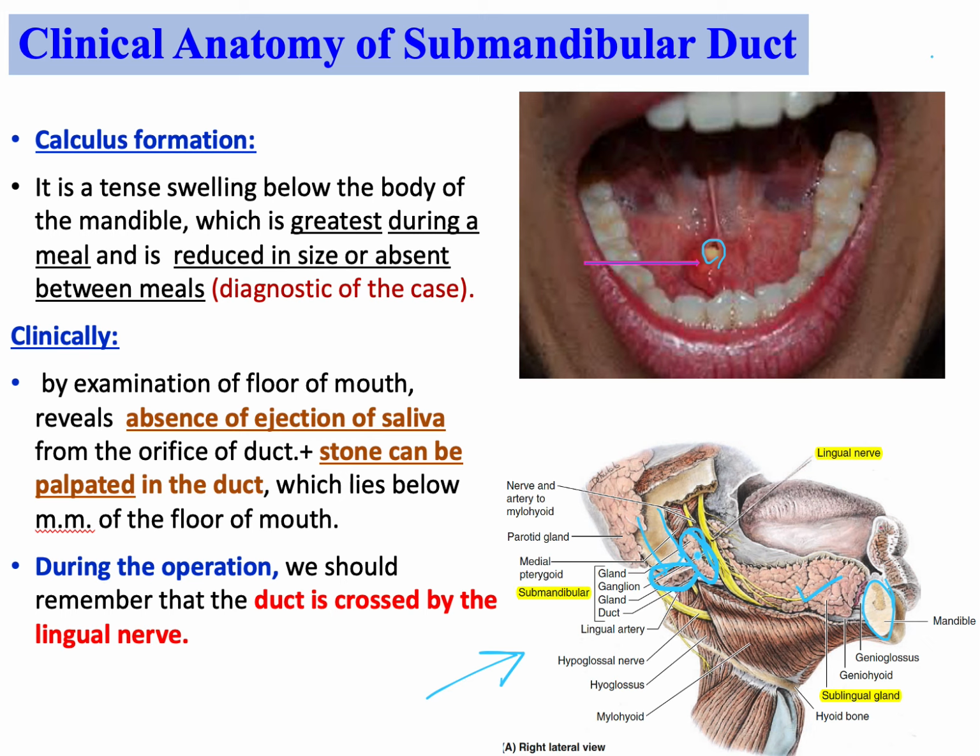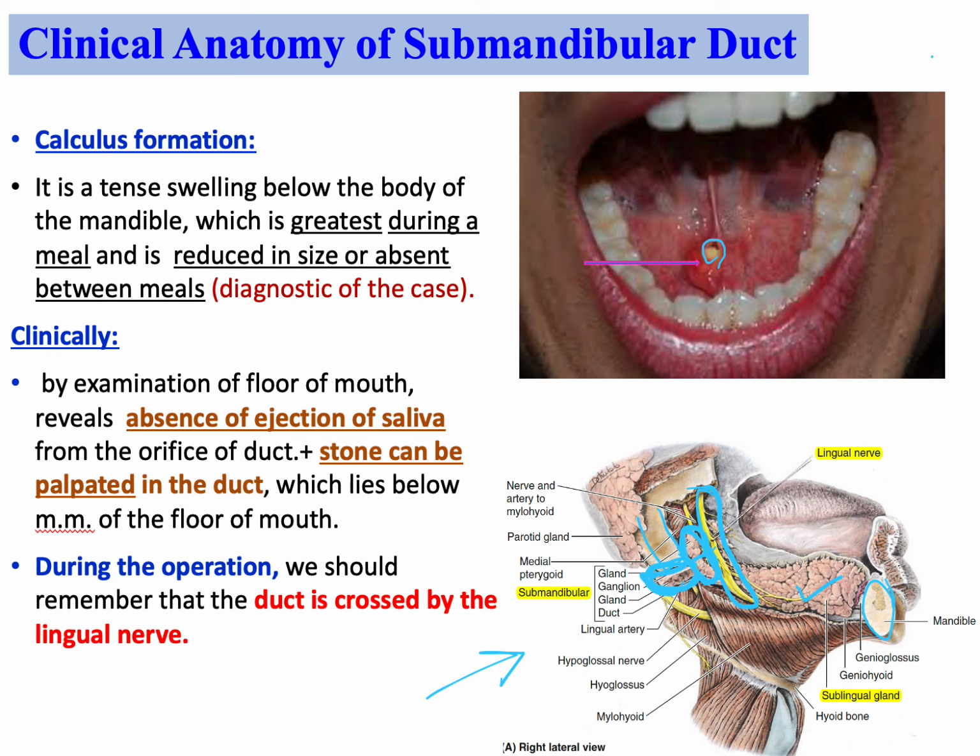You know, the submandibular gland, you can see it's kind of two parts here, and most importantly, during operation, guys, you have to remember that the duct of the submandibular gland is crossed by a lingual nerve.